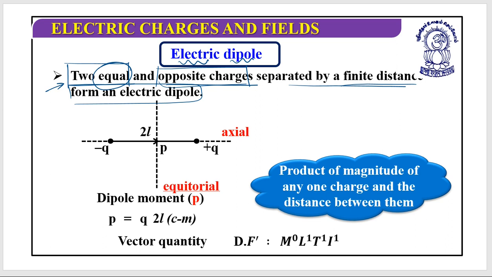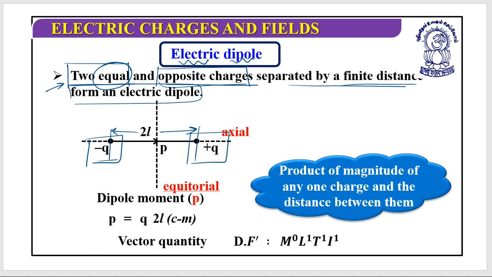Now look at this. Here one charge is minus q, and here another charge is plus q. The distance between minus q and plus q is 2l, and it forms an electric dipole.